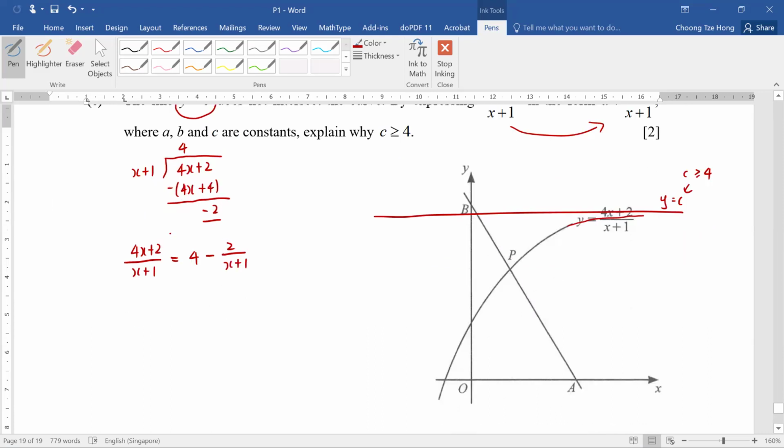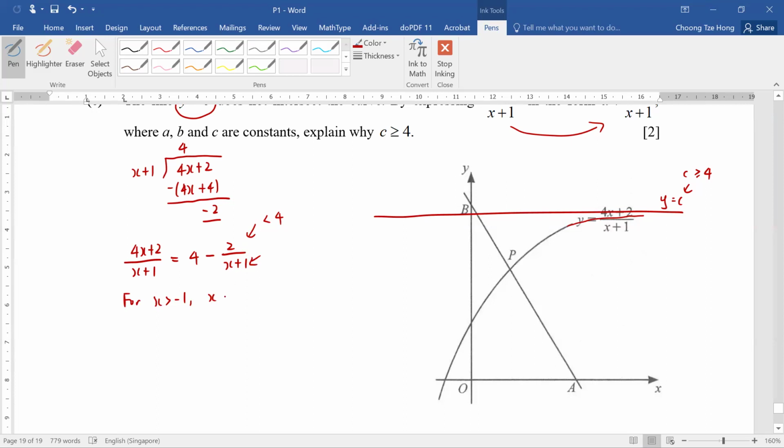Now we need to explain why this is always less than 4, because if it's always less than 4, then it will not intersect the line y equals c, where c is greater than or equal to 4. So let's explain for x greater than negative 1. We always start off by looking at this part.